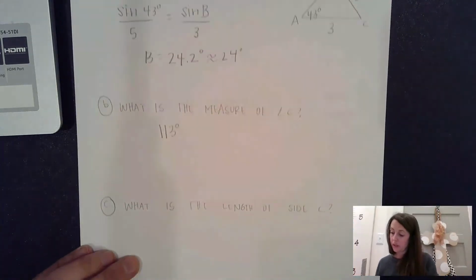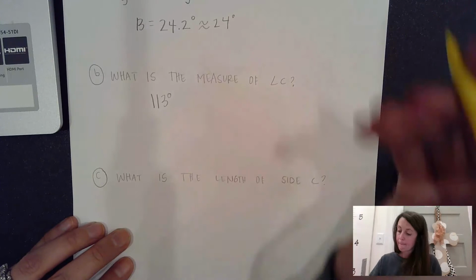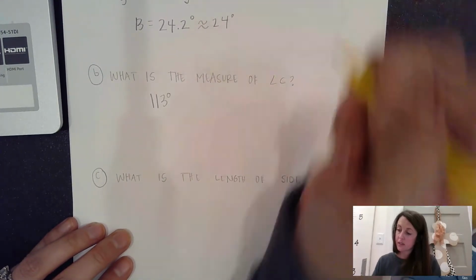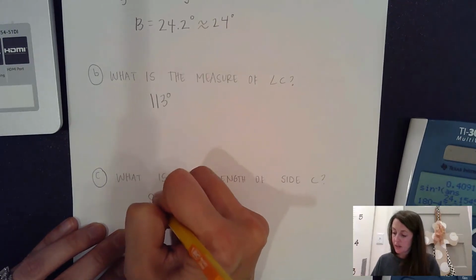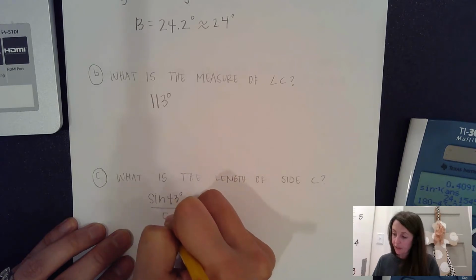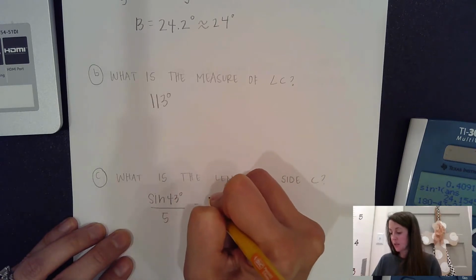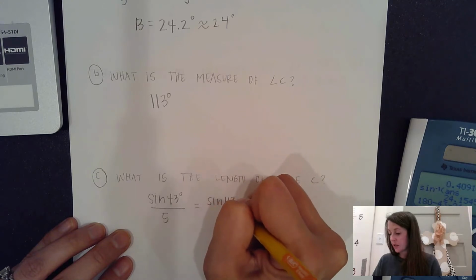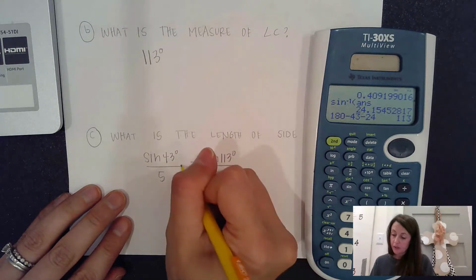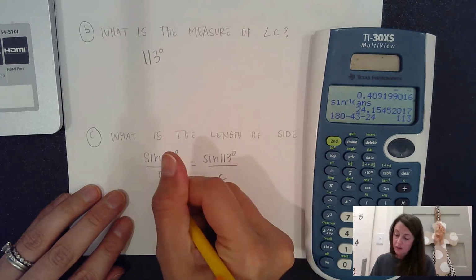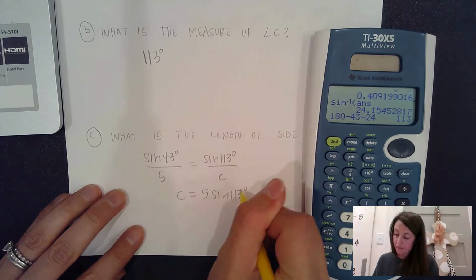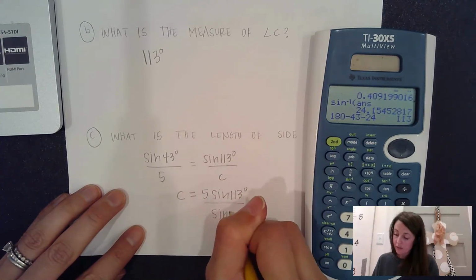What is the length of side C here? So you could say sine of 43 degrees over 5 is equal to sine of 113 over side C. So C is going to be equal to 5 times sine of 113 over sine of 43.